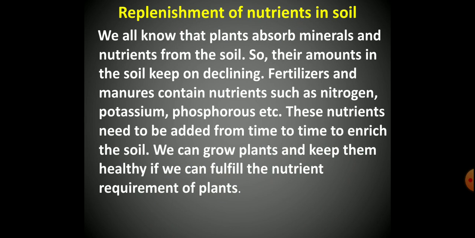So basically, farmers add artificial manures which contain nitrogen, potassium, phosphorus, which are essential for the growth of the plant. If we are able to fulfill the nutrient requirement of plants, the plants can grow healthily.